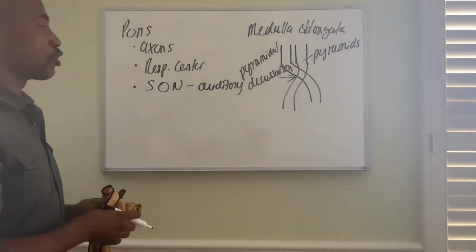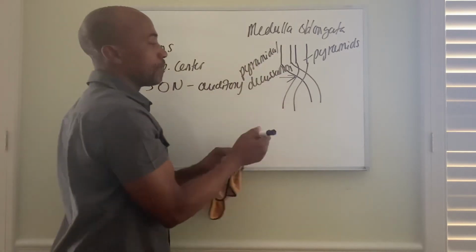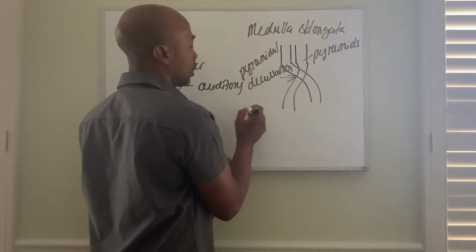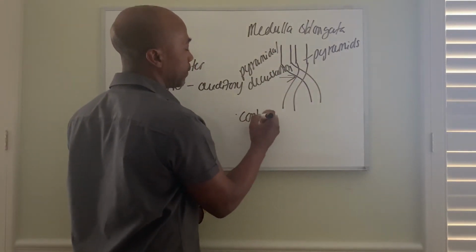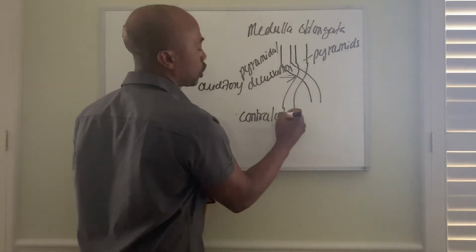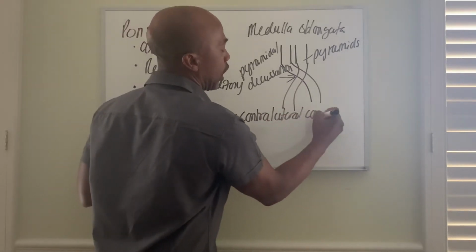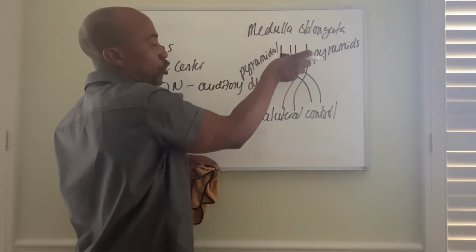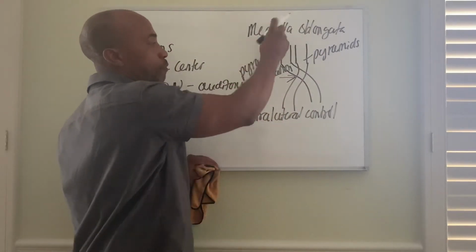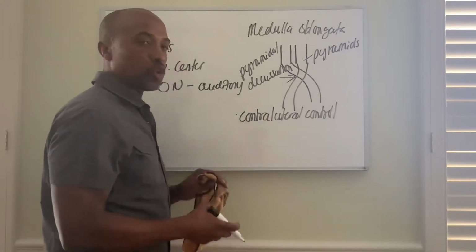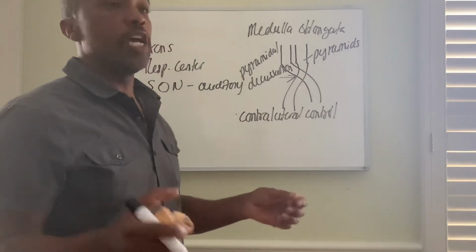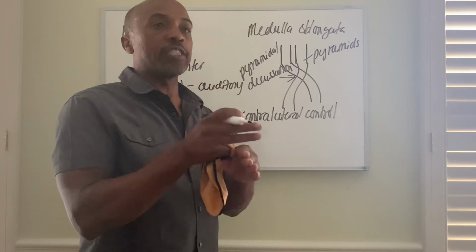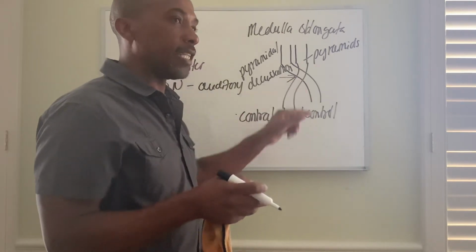Decussation means crossover of the pyramids. And this is what leads to what's called contralateral control, where your right brain controls your left muscles and left brain controls the right muscles. So the body is controlled contralaterally because the command axons on the way down will cross over at the pyramids of the medulla.